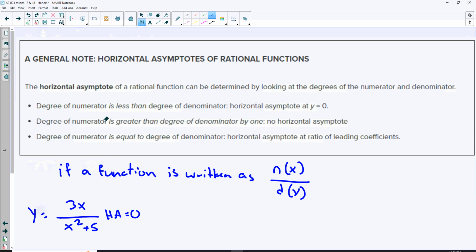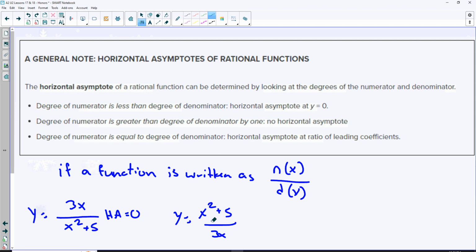If the degree of the numerator is greater than the degree of the denominator by 1, so if you have a situation, let's say we reverse it and y equals x squared plus 5 over 3x. In a function like this, we have no horizontal asymptote.